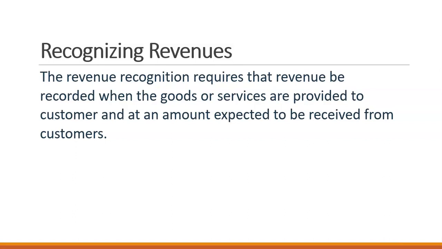So if the customer prepays us for revenue, that becomes unearned revenue, which is a liability to the company. And we can't move it into our revenue account until we have actually provided the good or the service.